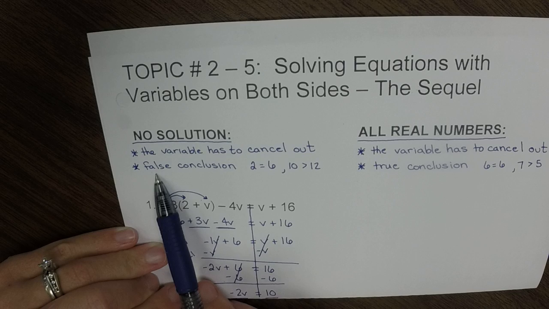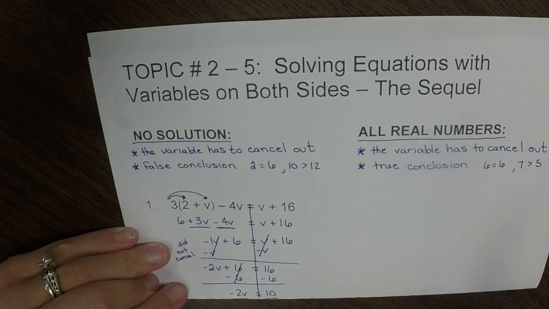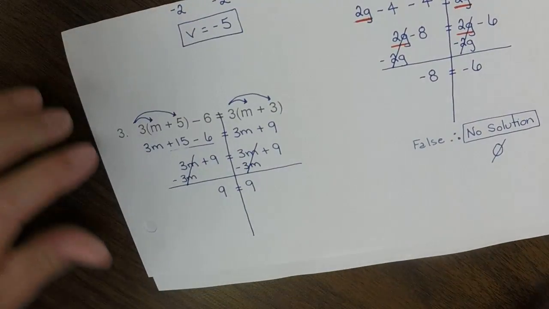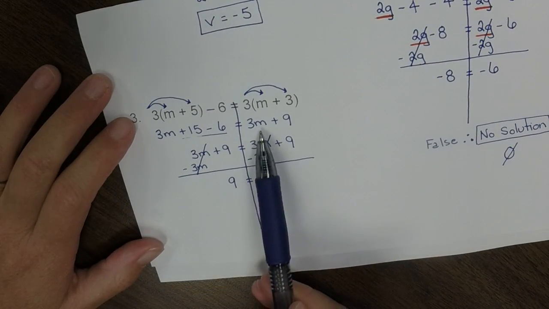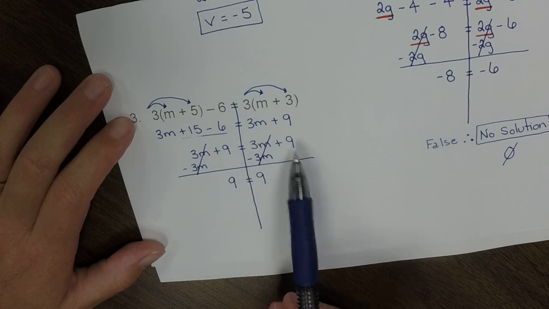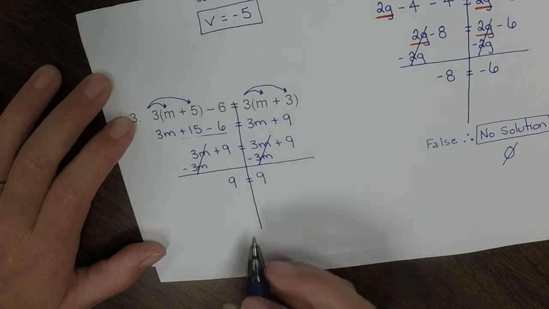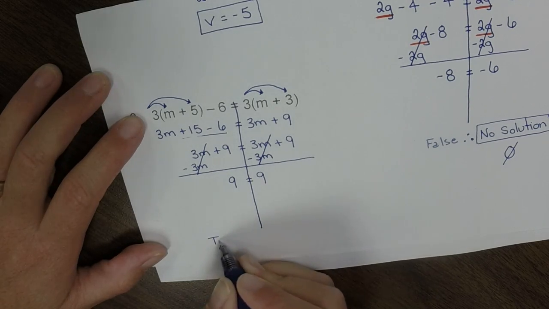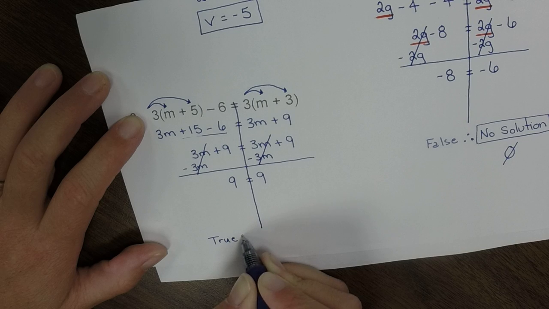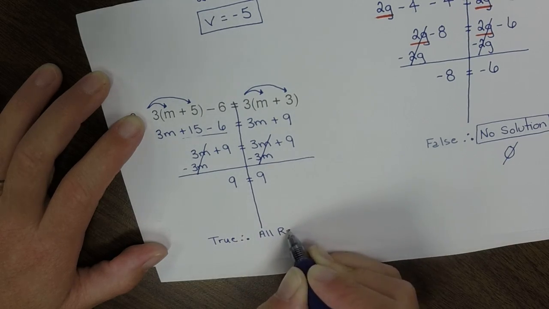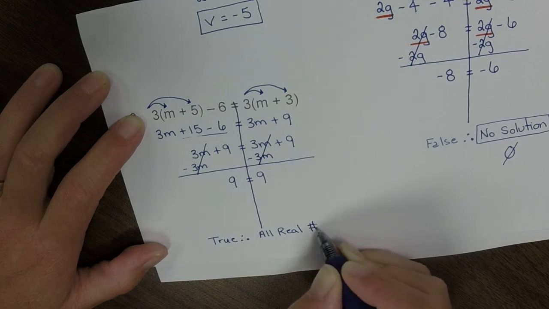If it's false, it's no solution. If it's true, it's all real numbers, meaning no matter what I plug in for the variable. So I could pick 12 or 2 or 0.5. I could plug anything I wanted to into this equation and I'm going to get 9 equals 9. So this is a true conclusion because 9 does equal 9. Therefore, this is all real numbers.